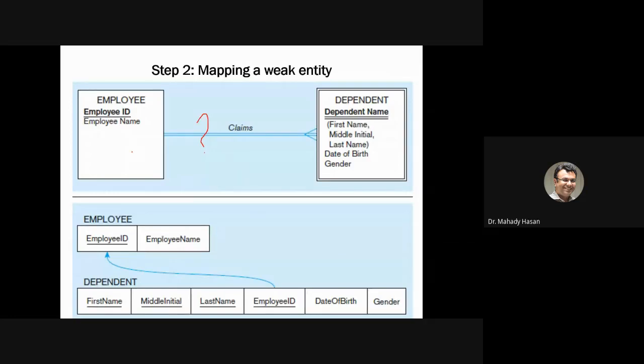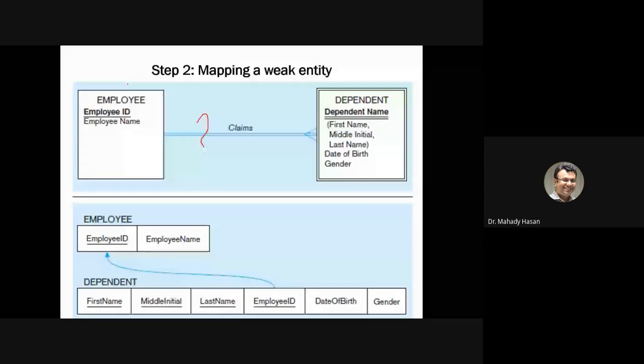If you are my dependent, then I have to say dependent of Mahadi. That's the reason why any dependent should be identified by its employee. So employee ID will come here as a foreign key and will form the primary key as well. How could we say this is a foreign key?